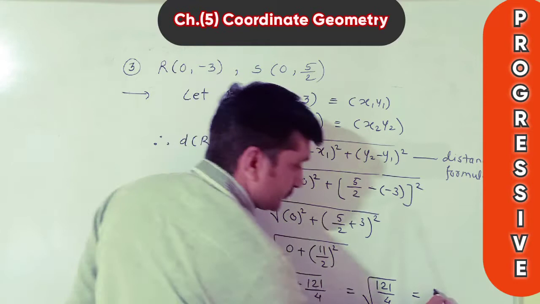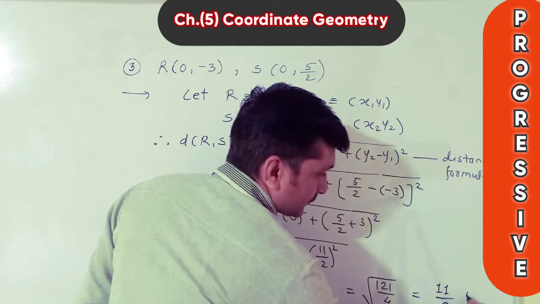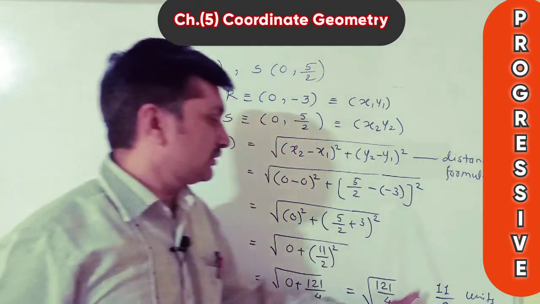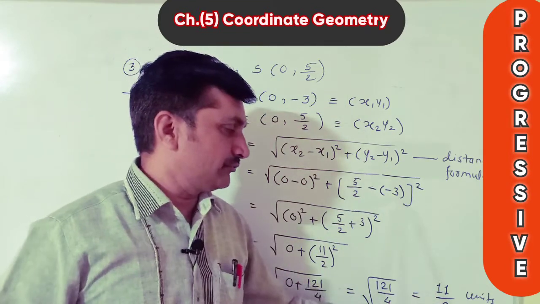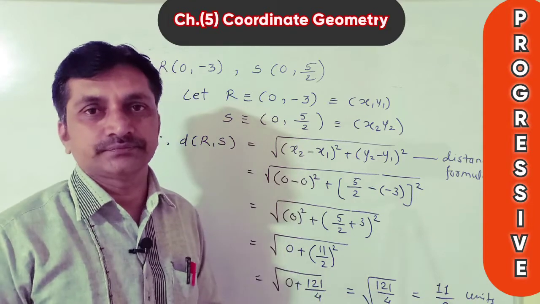Square root of 121 is 11, and square root of 4 is 2. 11 upon 2 unit. Distance RS is equal to 11 upon 2 units. Or if you want to write in decimal fraction, 5.5, then also correct answer.